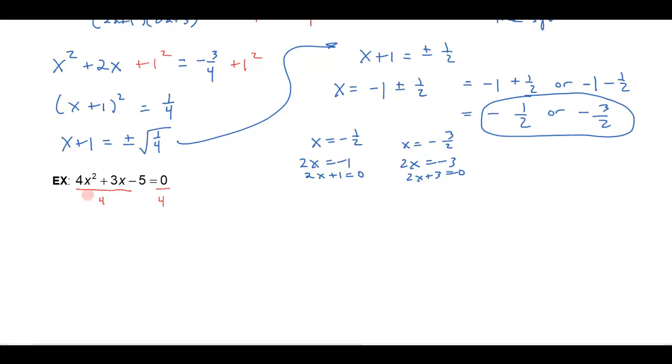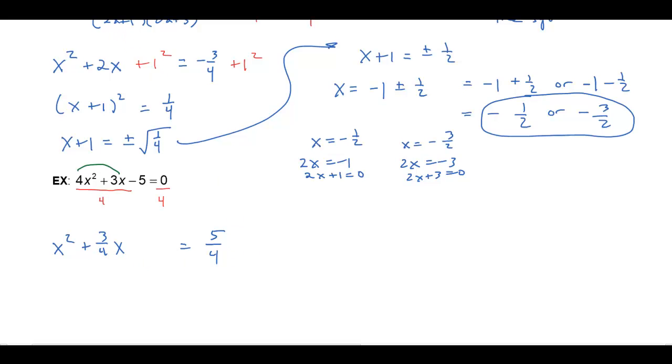I want to group these two together, and so I'm going to go from this step. I'm going to write x squared plus 3/4 x, and then the -5/4, I'll take that on the other side. That'll be a plus 5/4. Now I need to take half of this term and square it. Where students make a mistake doing this is they try and do too much in their heads.